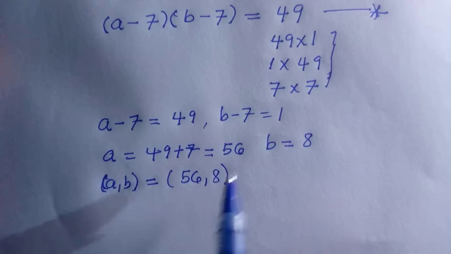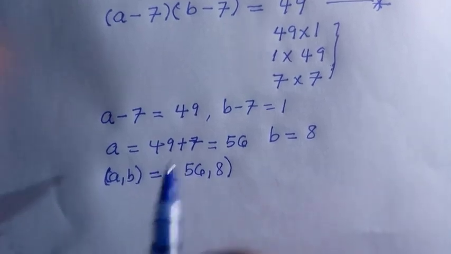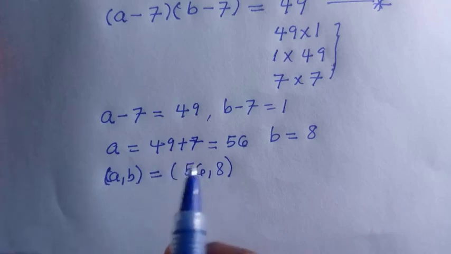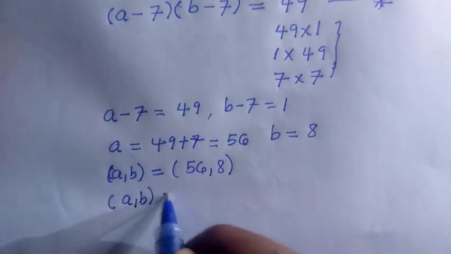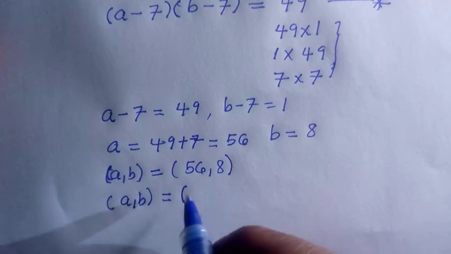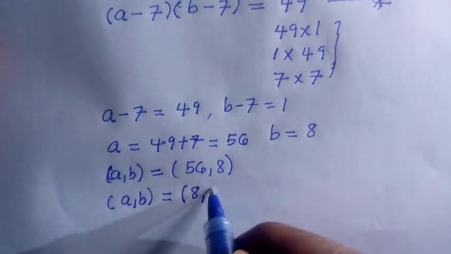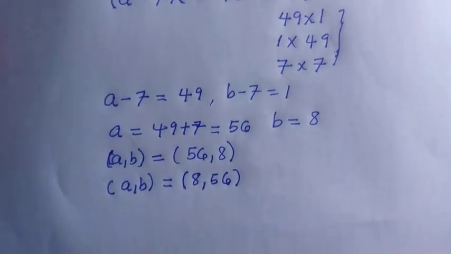When we do the second one the other way round, since they are just opposite to each other, we also get a comma b equals, instead of this one to be 56, we have it as 8 comma 56. That is what we get for this one.